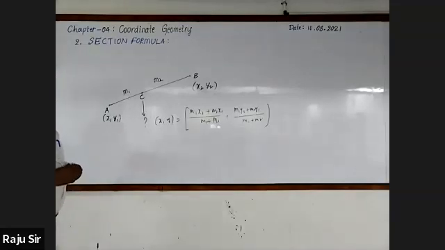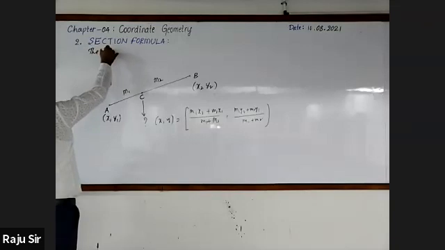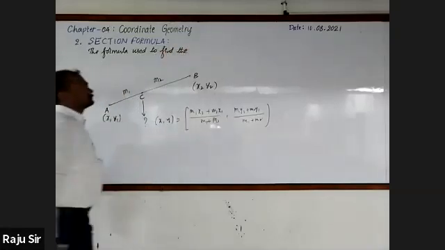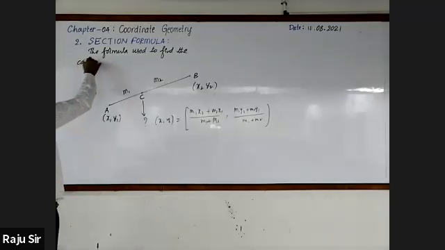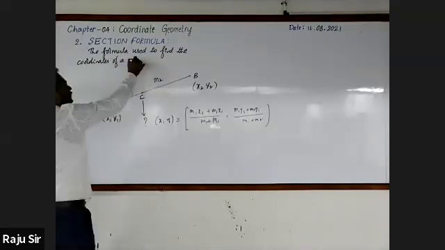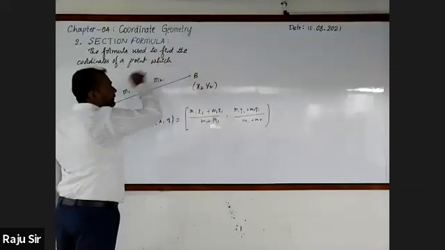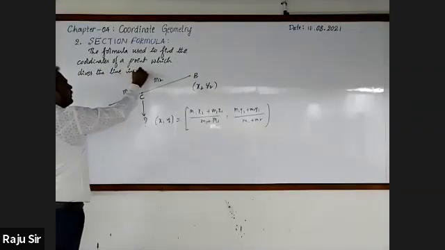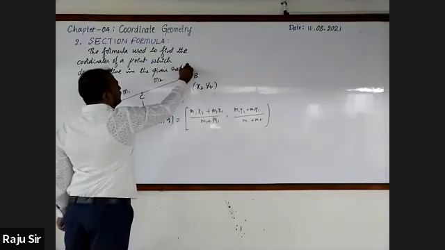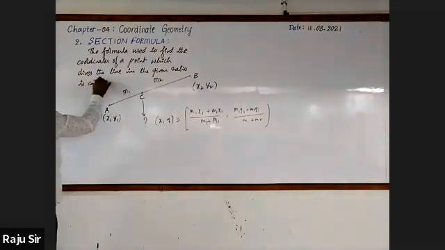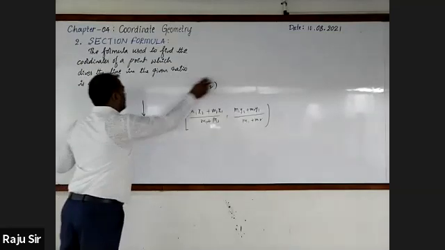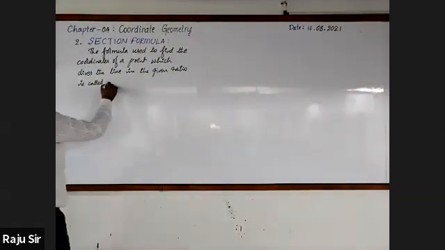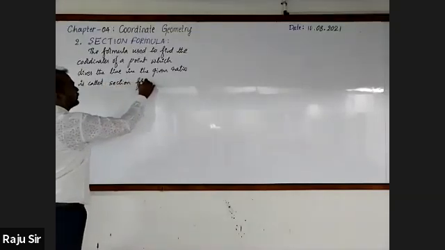The definition: the formula used to find the coordinates of a point which divides the line in the given ratio is called the section formula.